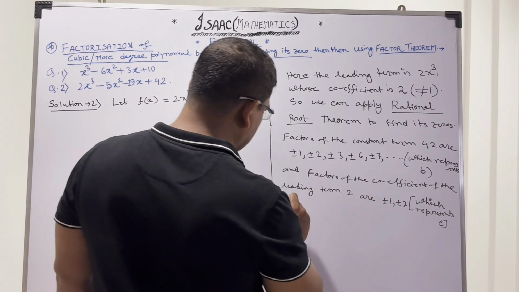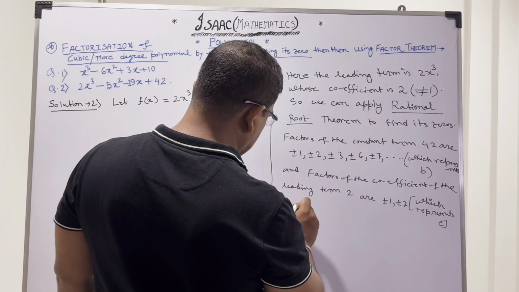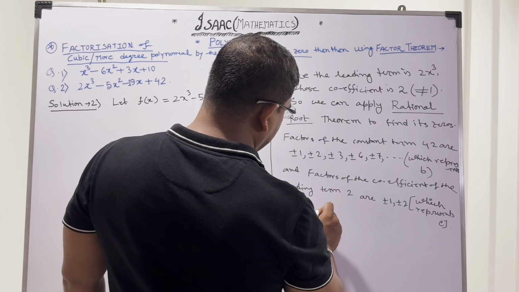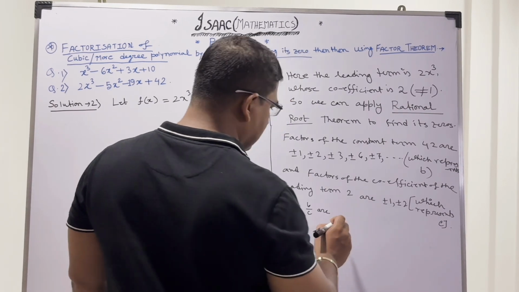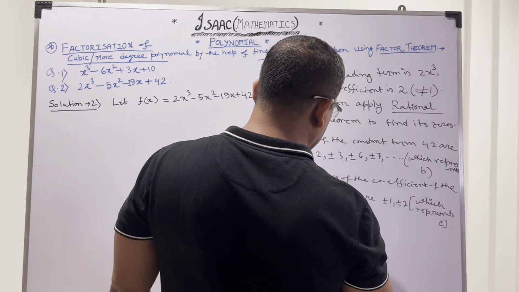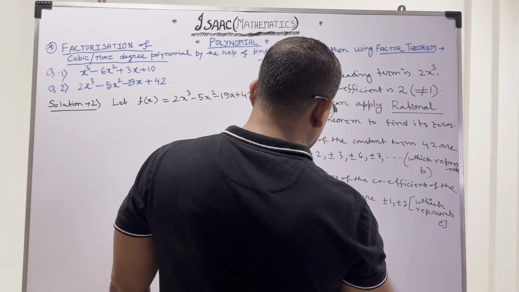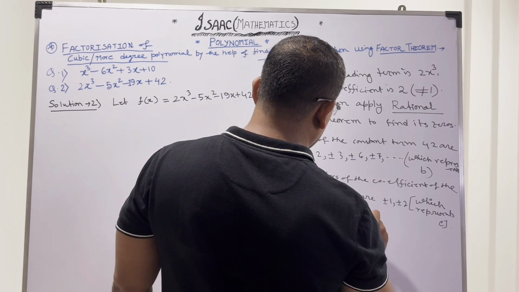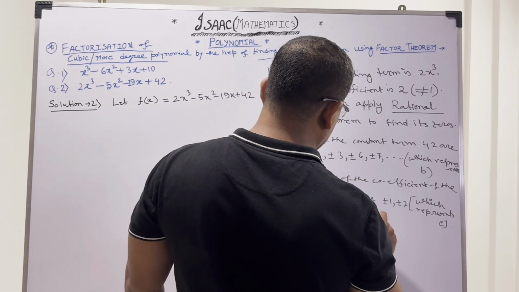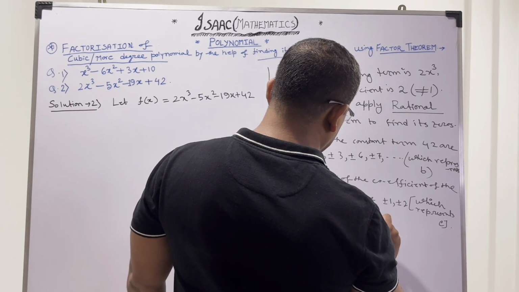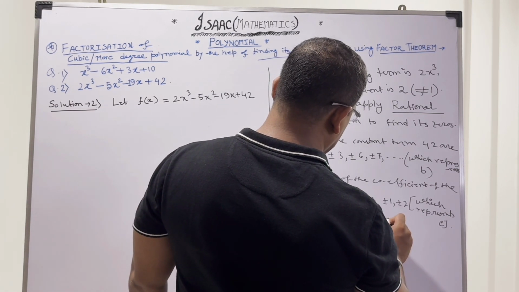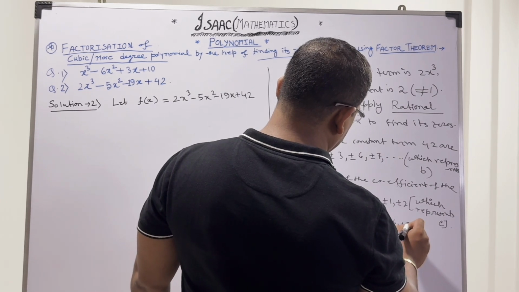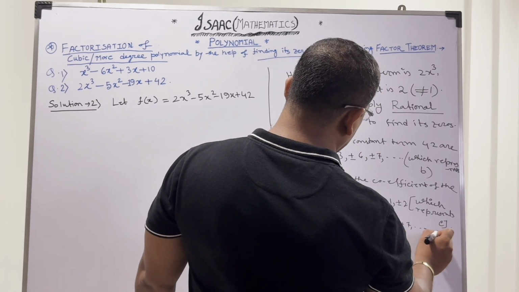Now, B by C are plus minus 1, plus minus 2, plus minus 3, plus minus 6, plus minus 7, and continuing.